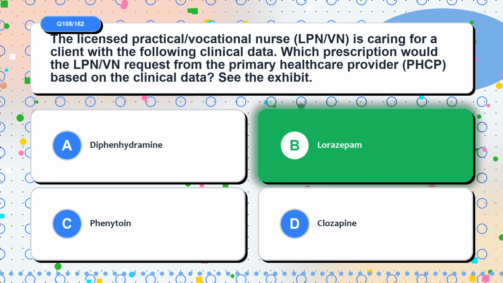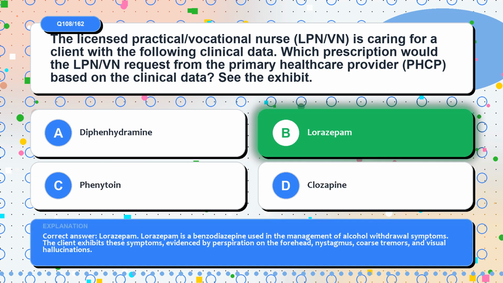The correct answer is option B. Lorazepam. Lorazepam is a benzodiazepine used in the management of alcohol withdrawal symptoms. The client exhibits these symptoms evidenced by perspiration on the forehead, nystagmus, coarse tremors, and visual hallucinations.